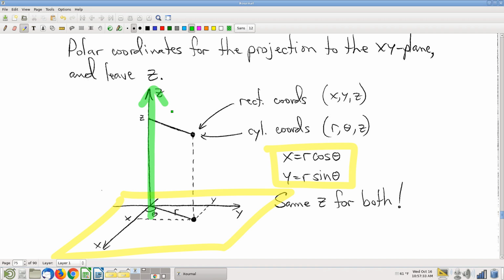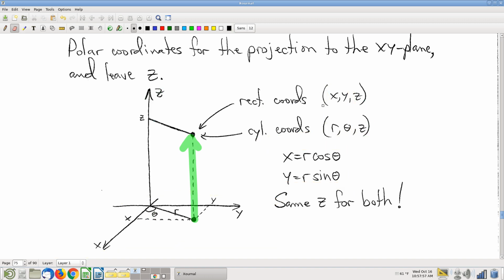Let's call that Z. So the relationship between rectangular and cylindrical is, there's the polar coordinate business in the plane, and then, in both cases, we just need to know how high up above the plane is the point that I'm actually interested in. So it's pretty much polar coordinates in 3 space. So there's not that much then to say really about it.